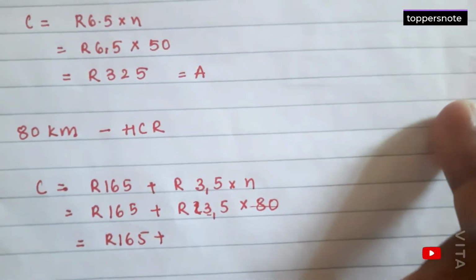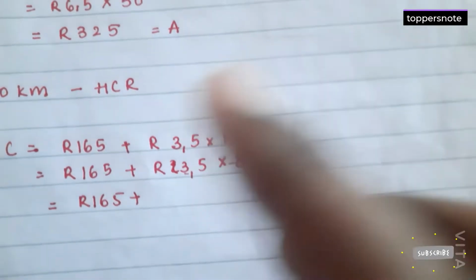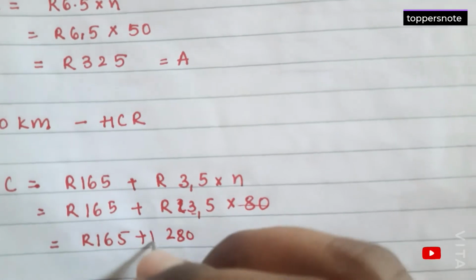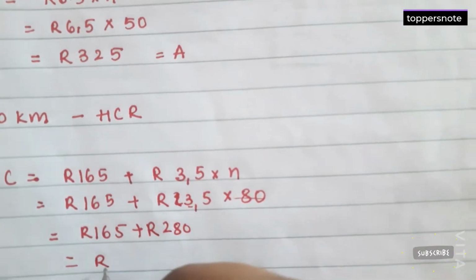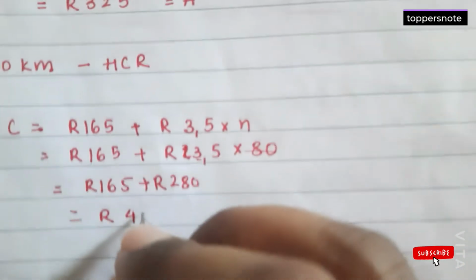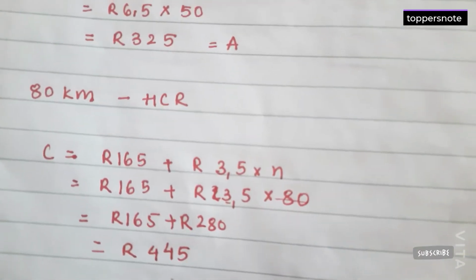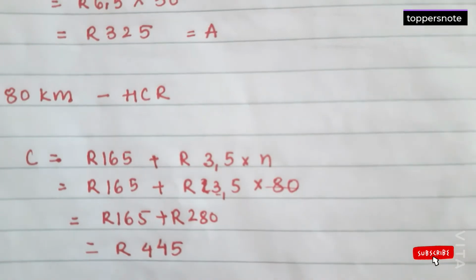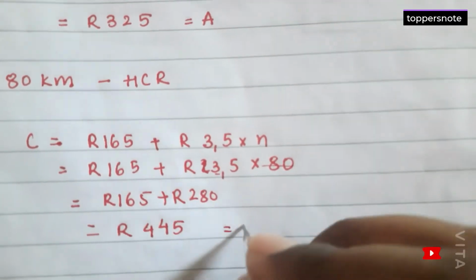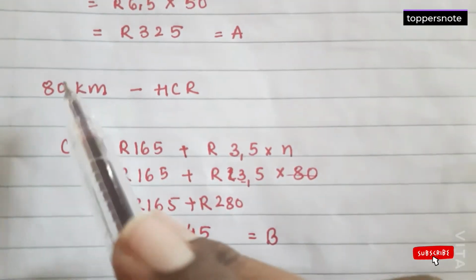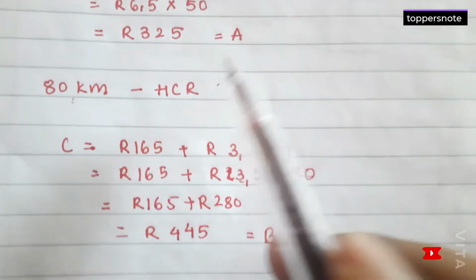Multiplying the both, we'll get 280. So after adding it, you will be getting 445. It is your B, which is the 80 kilometers of HCR.